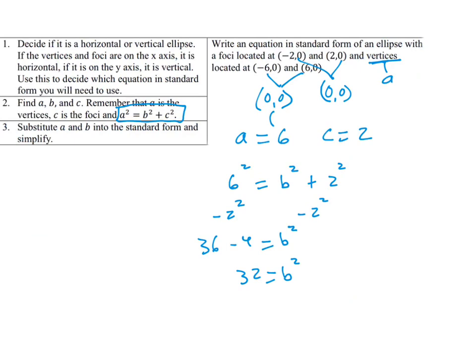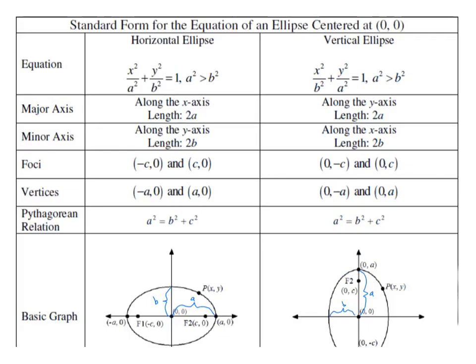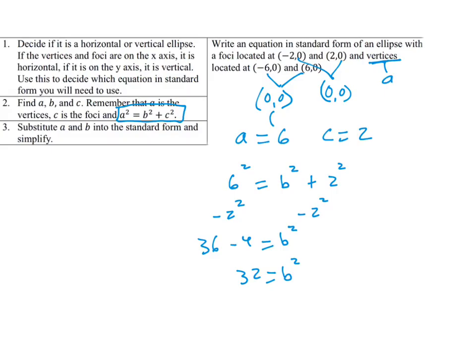Another important thing to note is you do have to make sure if it's horizontal or vertical when you write out your equation, because that lets you know where the a and b values go. Basically, if it's longer vertically, the bigger number goes under y. If it's longer horizontally, the bigger number goes under x. So you can look at your a squared value, which comes out to be 36. 36 is bigger than 32, and this is along a horizontal distance.